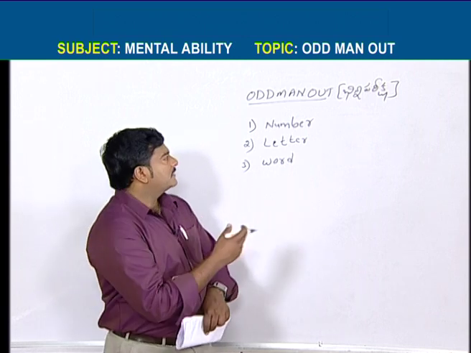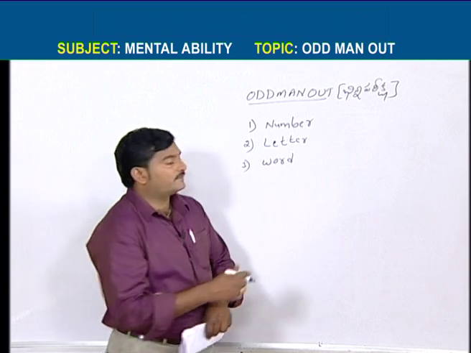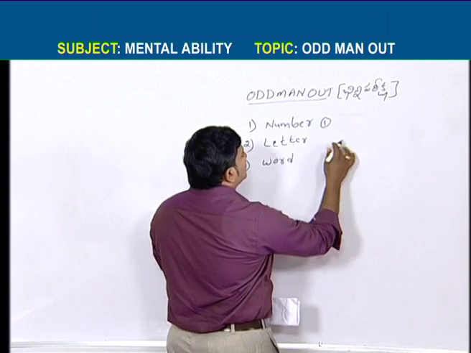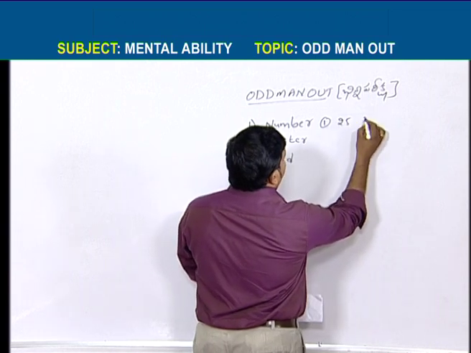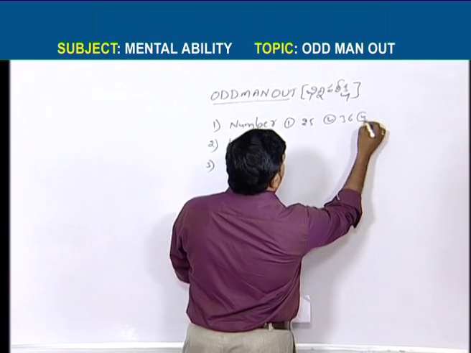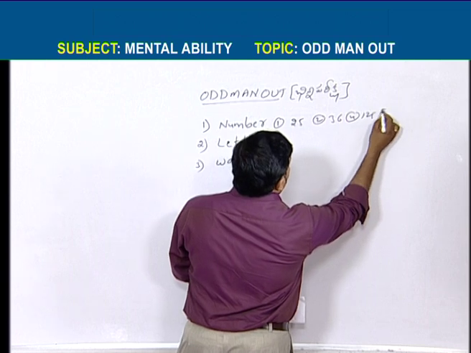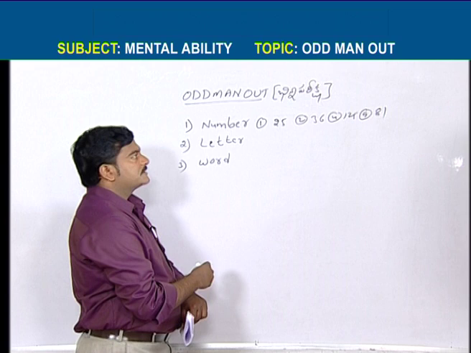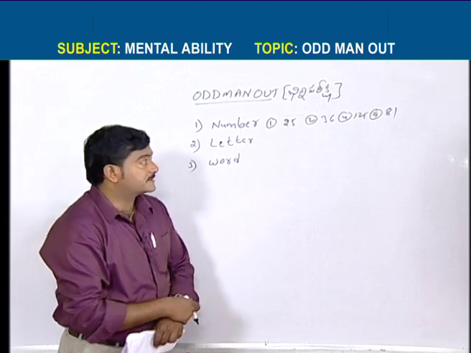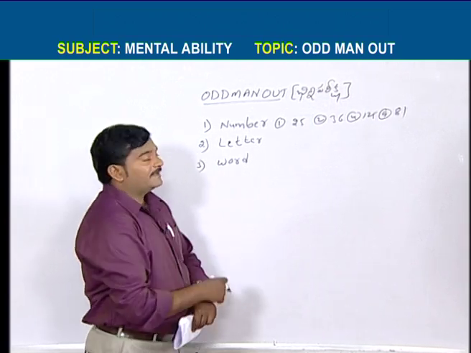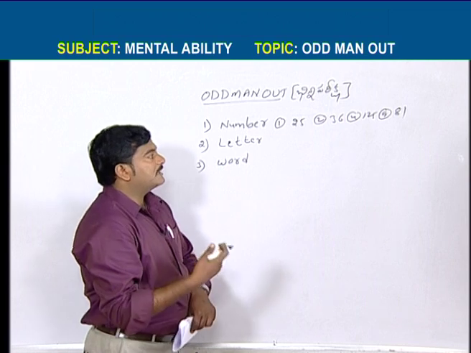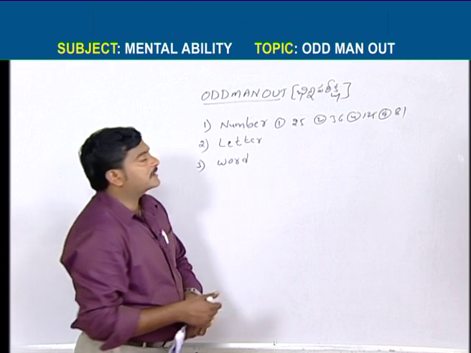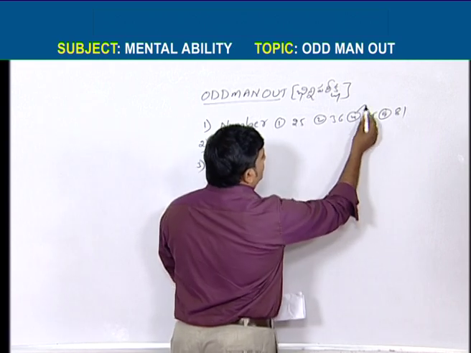For example, in number odd man out, let's say he has given 25, 36, 125, and 81. The question itself gives four options. Which one is odd man out here? The odd one is 125. Why?